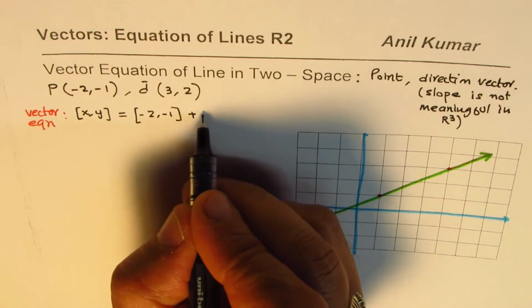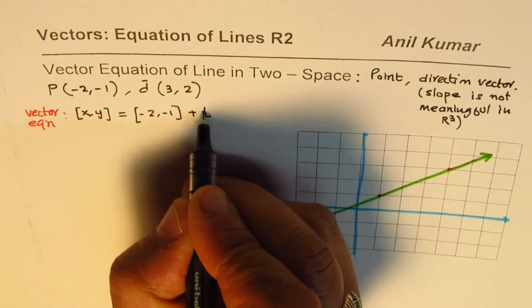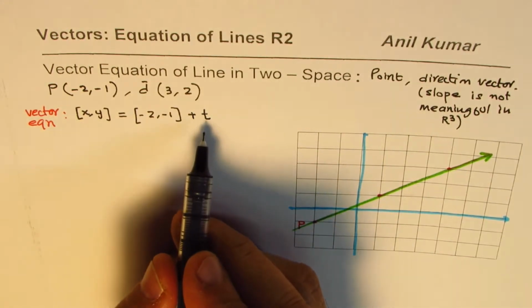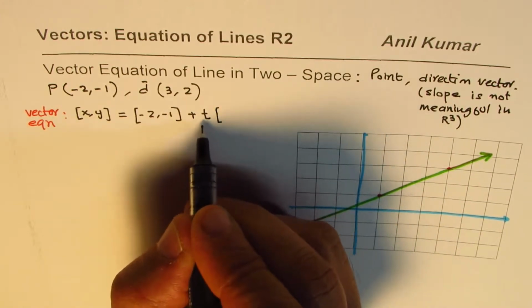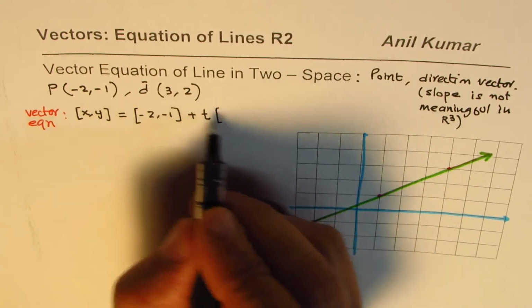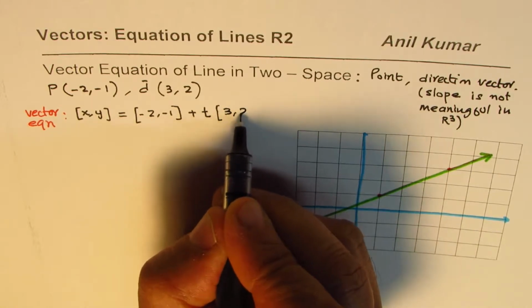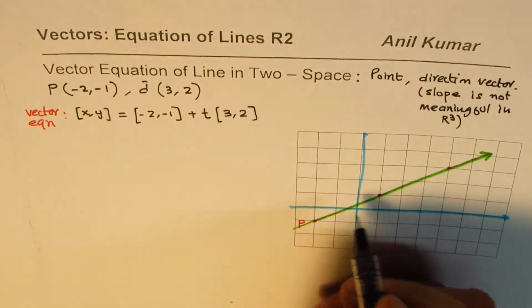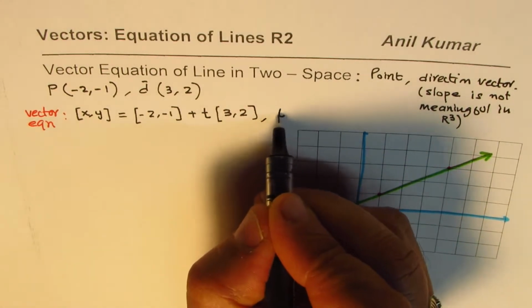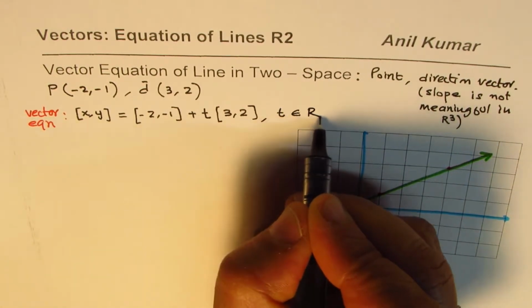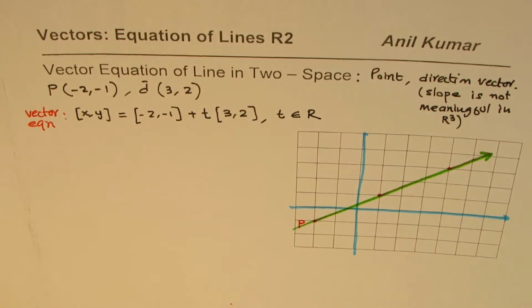Those multiples are represented by a parameter, which normally we take t as the letter. You're free to choose other lowercase alphabets. So t times 3, 2. These are multiples of your direction, so they give you different points. Now t belongs to the set of real numbers. It could be positive, negative, decimal, fractions, whatever.